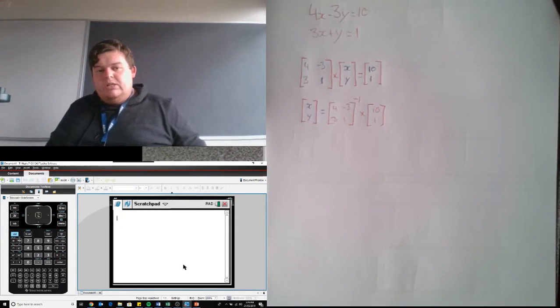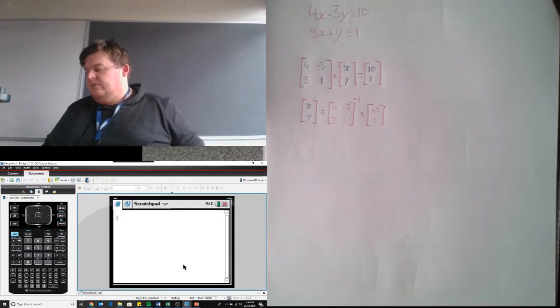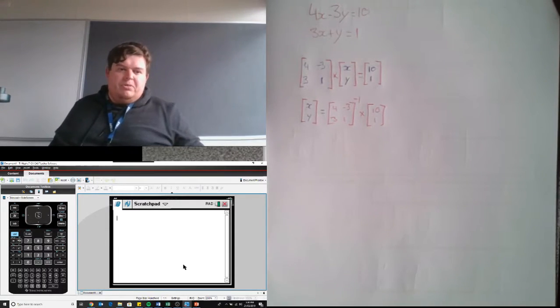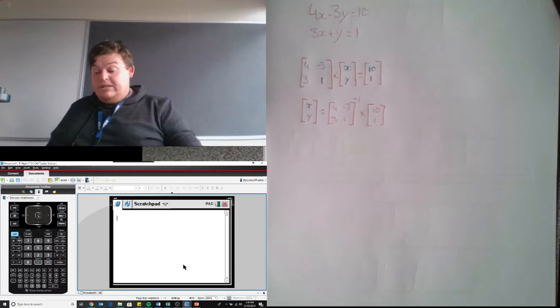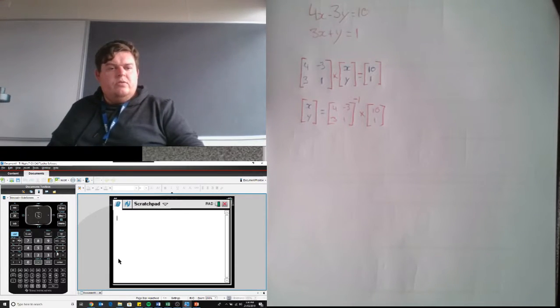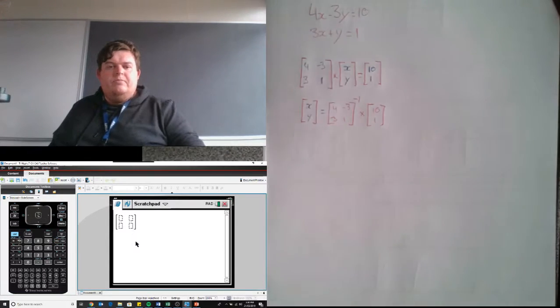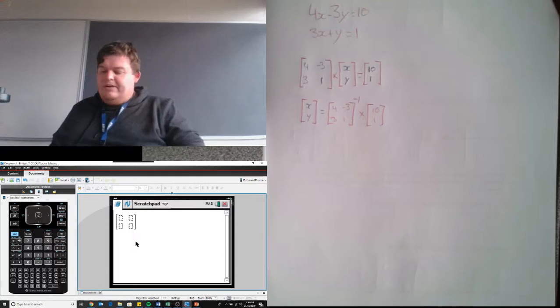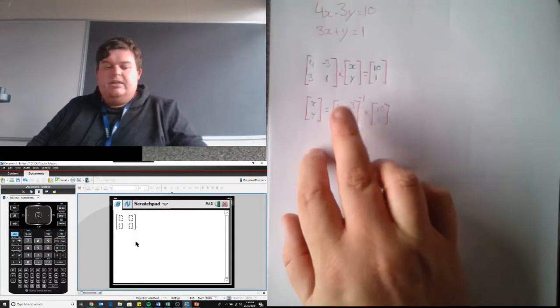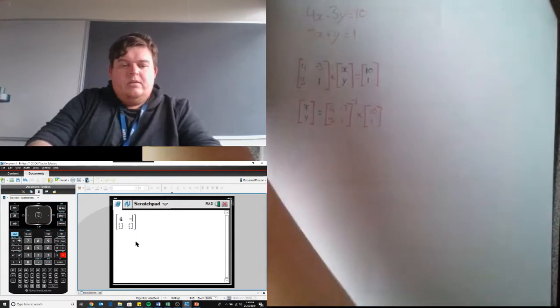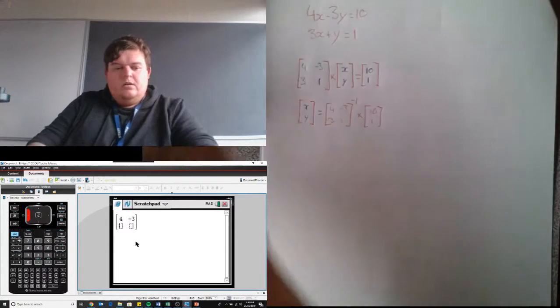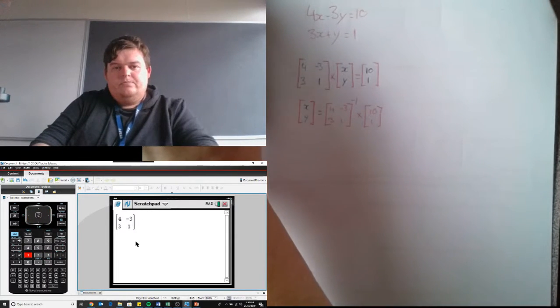So I'm going to show you how to do this on the CAS. I already showed you how to do inverse by hand in that other video, so there's not really much point. Basically, what you want to do is go to the square matrix, and we're going to type in these values here: 4, -3, 3, and 1.